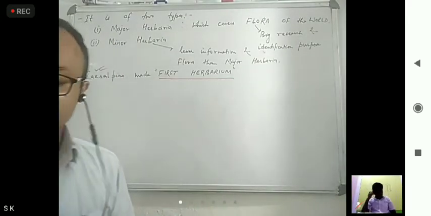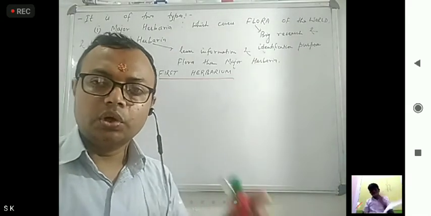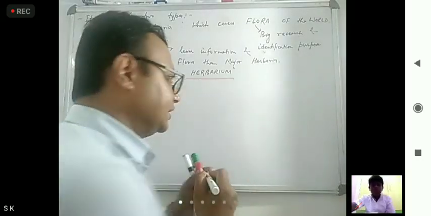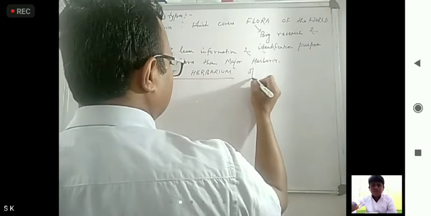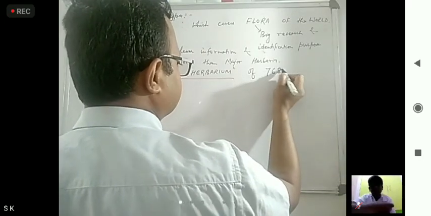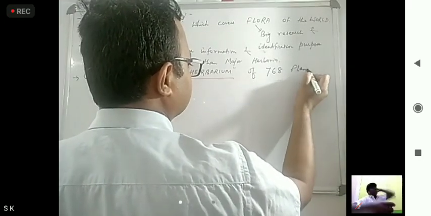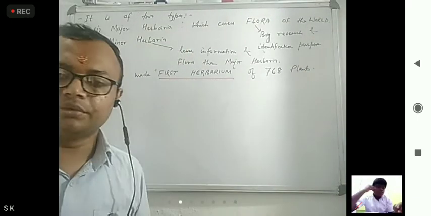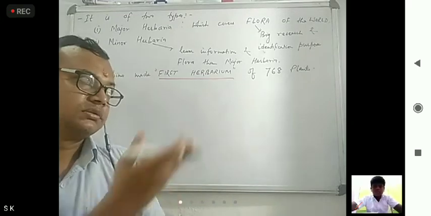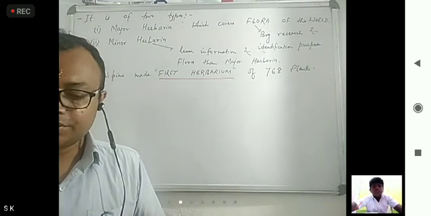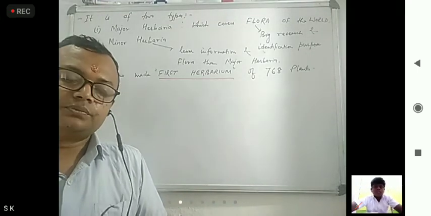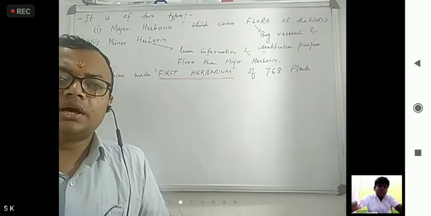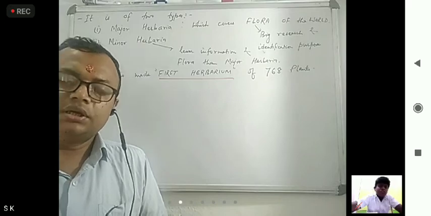That scientist's name is Cecil Pinot, and it contained 768 plants. Okay.